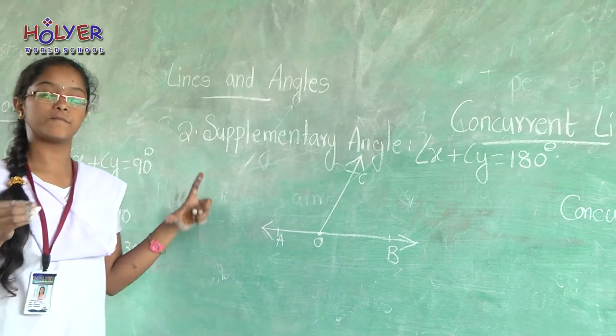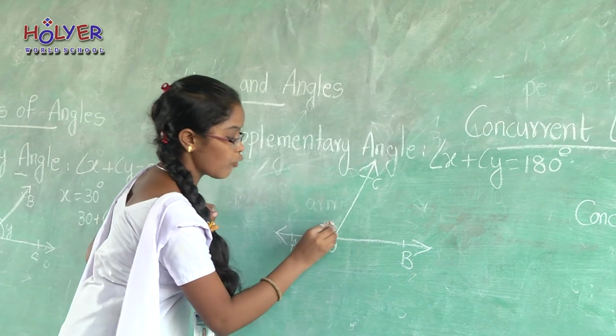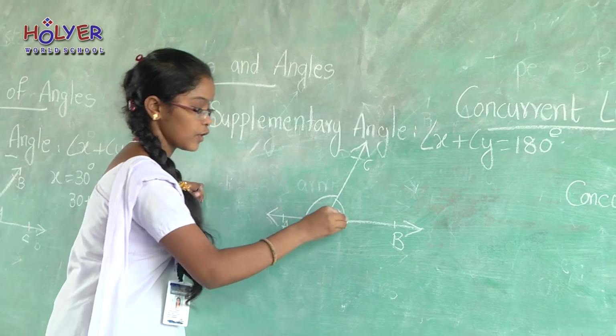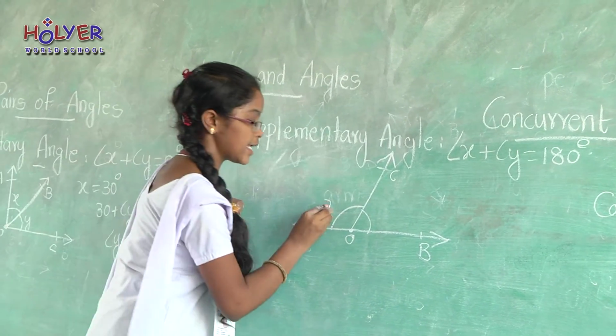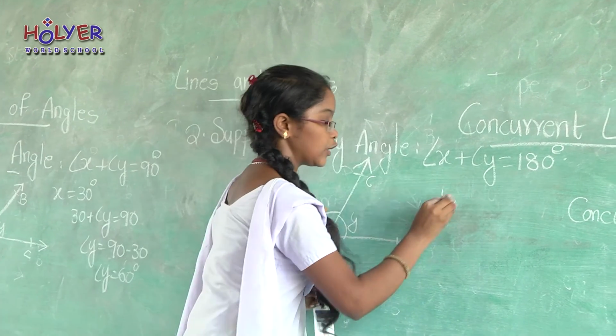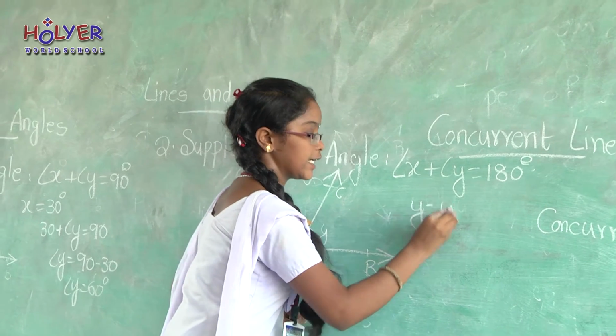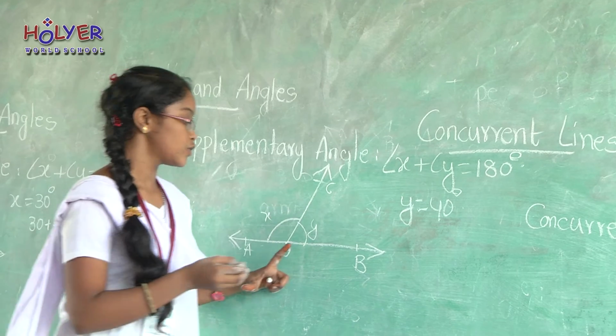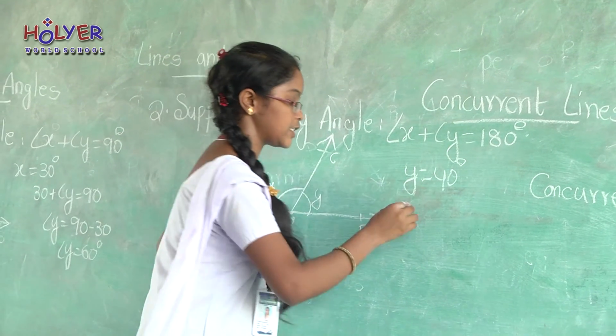Here also we can observe two angles, angle AOC and angle BOC. So let one angle be x and another angle y. Let y equal 40 degrees and we have to find the value of x. So we can substitute this value in this equation.